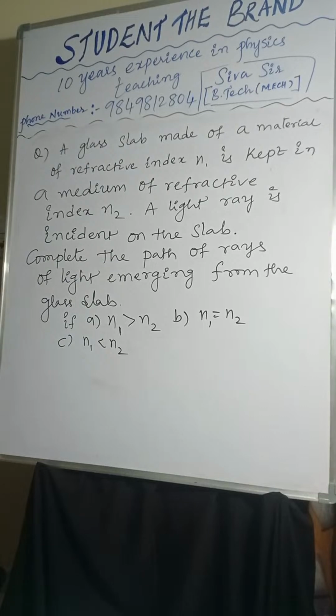So first read the question. A glass slab made up of a material of refractive index n1 is kept in a medium of refractive index n2. A light ray is incident on the glass slab.